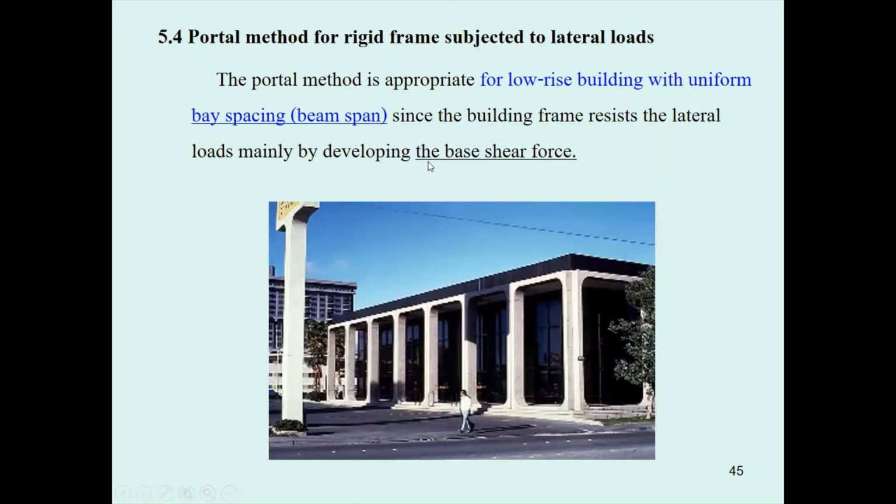The portal frame, in a low-rise building like this, you can see a lot of these buildings in earthquake-prone areas, such as in California, because this frame is a very rigid frame, and it can take a lot of large earthquake force.